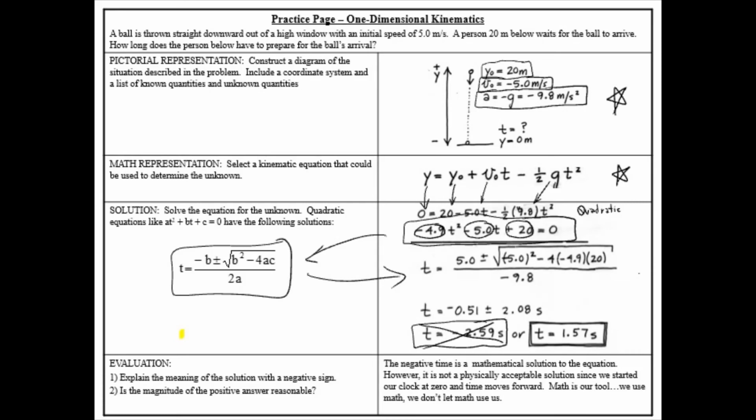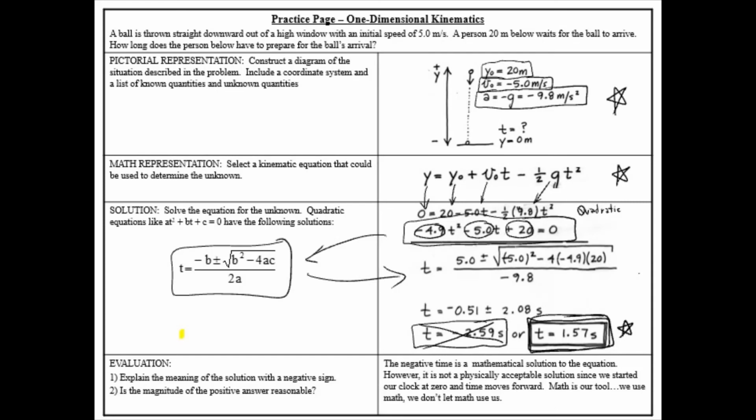If the ball was dropped or thrown downward at time 0 on our stopwatch, it's going to be 1.5 seconds after it's thrown down that it gets down to the bottom. The positive t has to be our answer here because time does not run backwards. So we have to have our time moving in a positive direction. By default, our stopwatch starts at 0, and so positive 1.57 seconds.